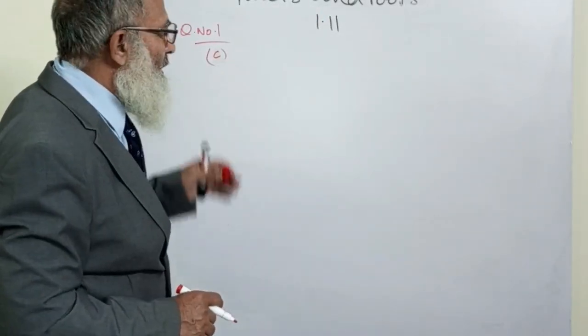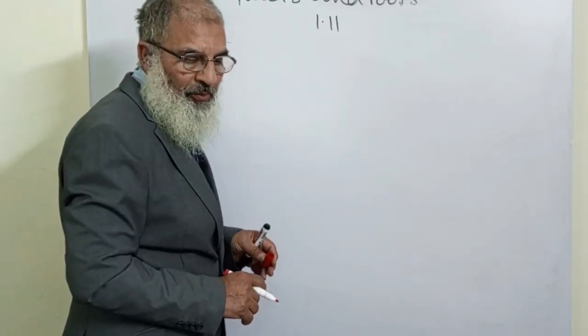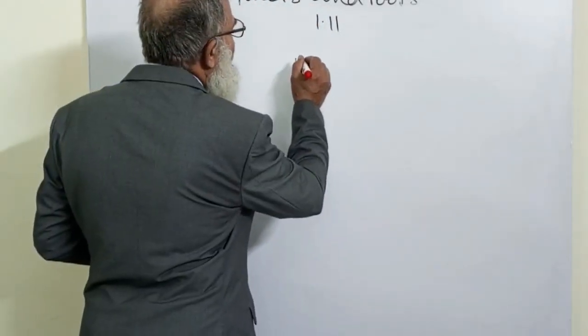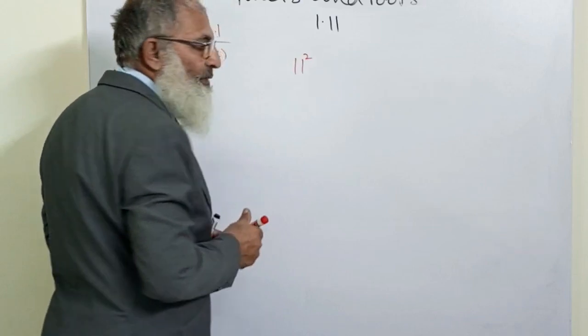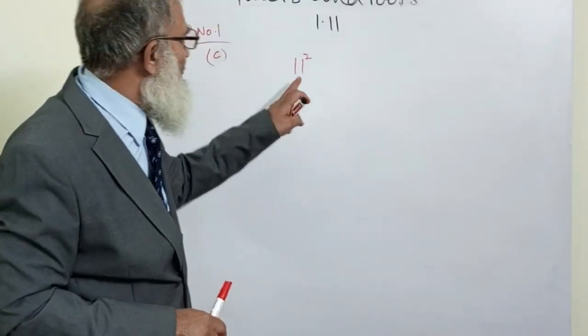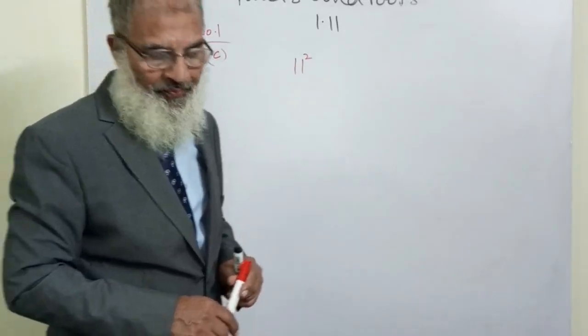So question number 1 part C, and what does it say? Calculate 11 square. What do we call it? 11 square.